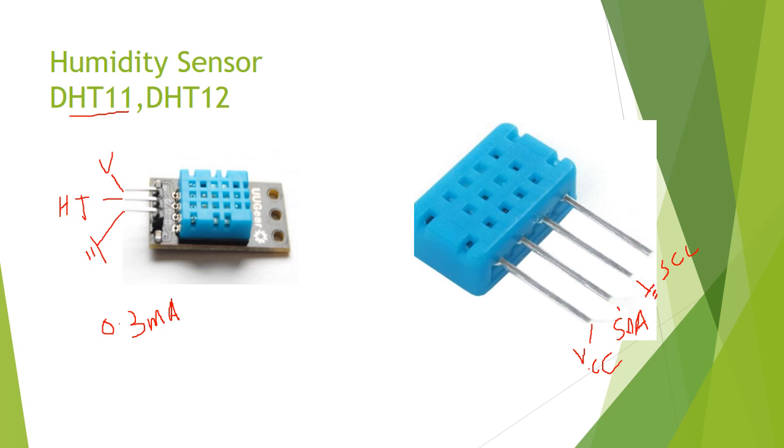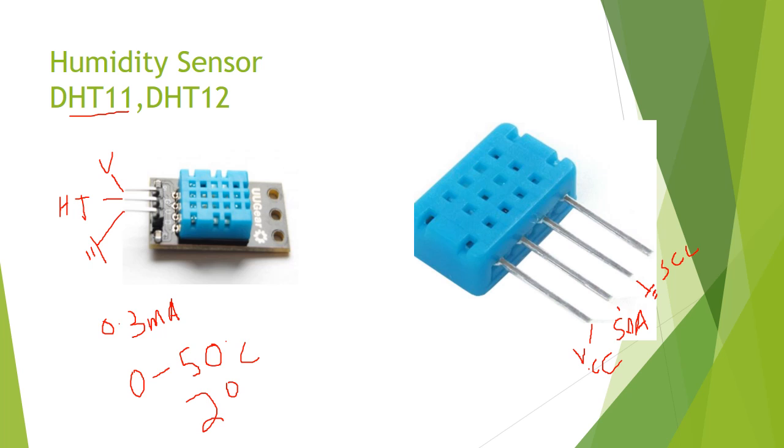Okay, next is your temperature difference. As it is, it majorly focuses on your humidity. The temperature ranges from 0 to 50 degrees Celsius, and it measures humidity from 20% to 90%.